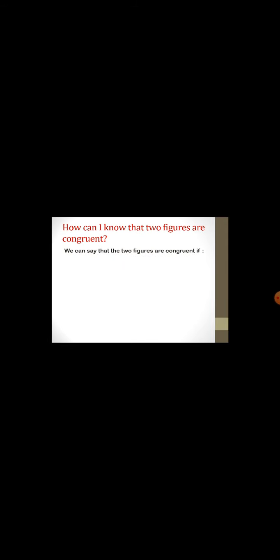I can say that two figures are congruent if I have two conditions, not only one. The first is their corresponding sides are equal in length, and the second is their corresponding angles are equal in measure.